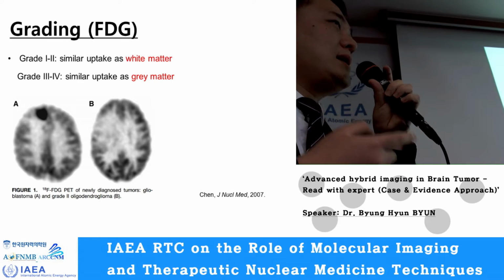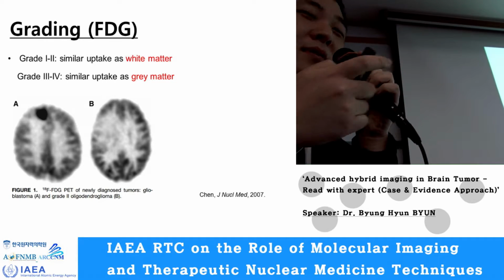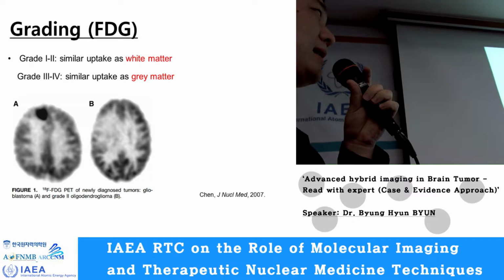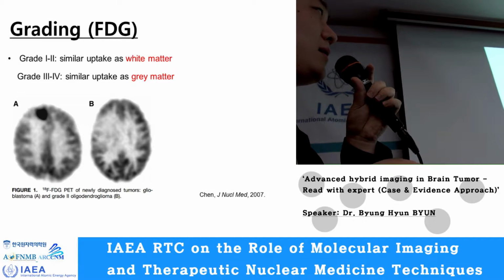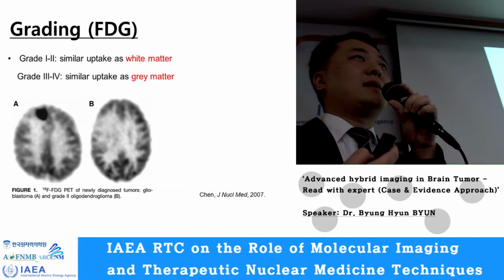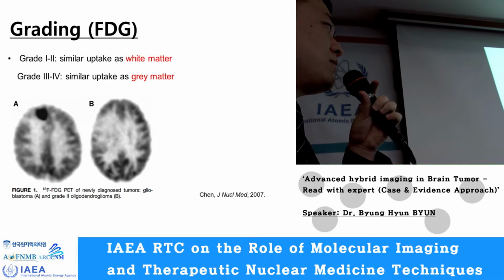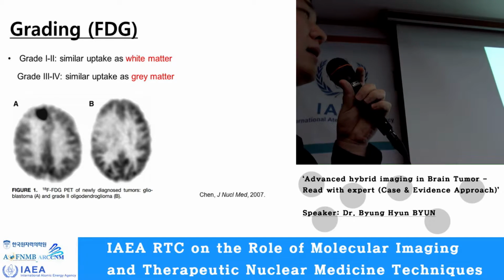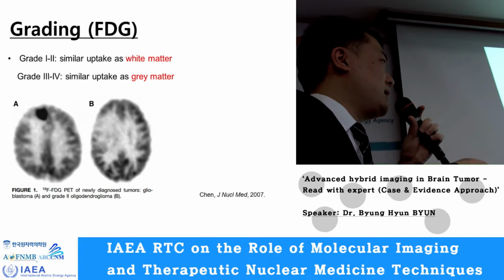But what is the definition of a high or low FDG uptake? It is very simple. If the region shows similar uptake as white matter, we can suggest that the tumor is low grade. It shows little metabolic activity. But when the tumor shows similar uptake or higher uptake than the gray matter, we can suggest that the tumor is high grade, which means grade 3 or 4.